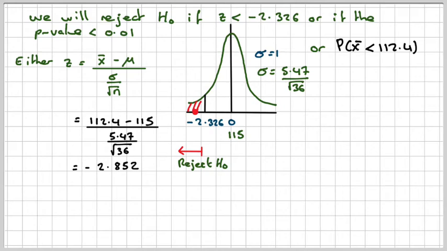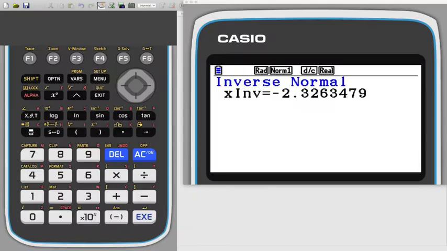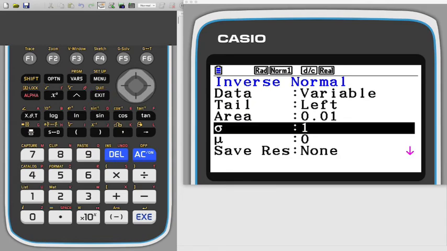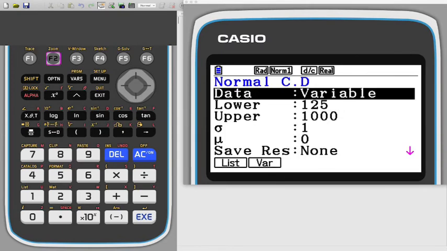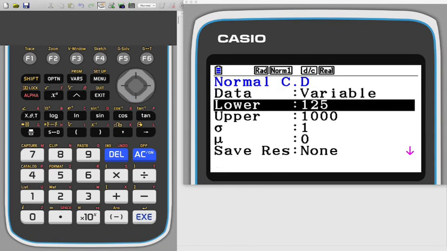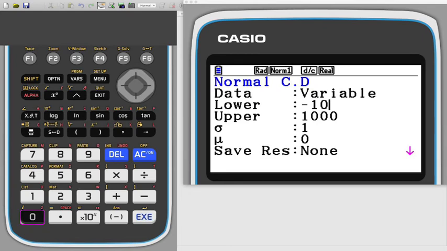So if we go to our calculator again, okay, so I'm going to exit this. Okay, distribution, normal, we want NCD. We want the lower bound to be minus a large number, so minus 1,000. Enter.